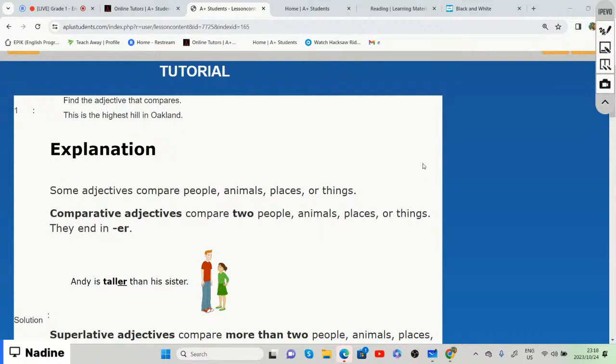So what is our adjective that compares within that sentence? Remember, we said that our adjective that compares either ends in er or it ends in est. That is when we compare.